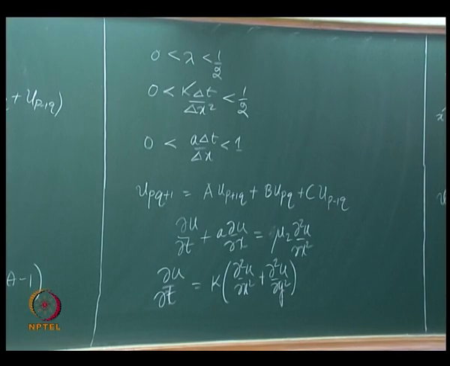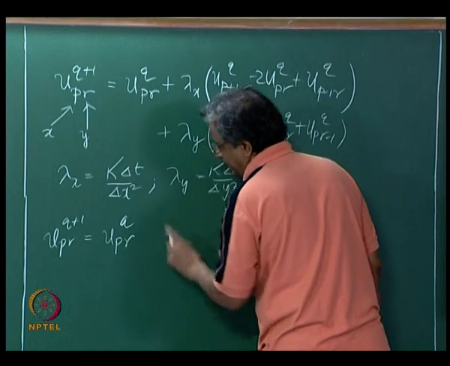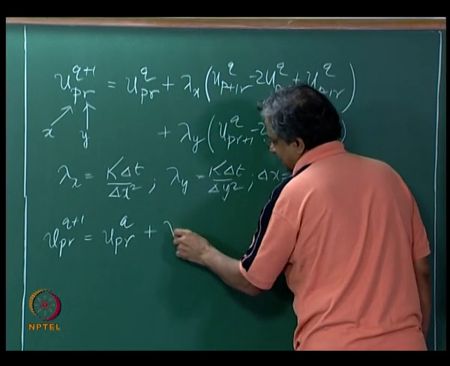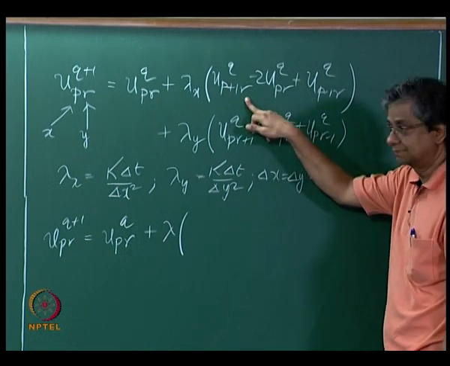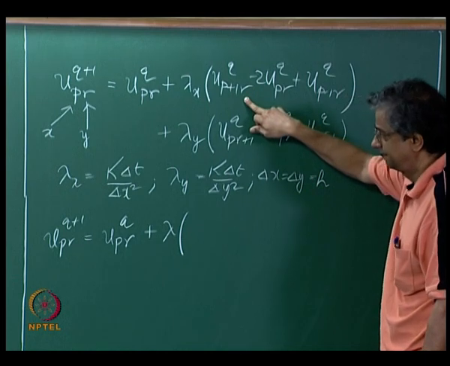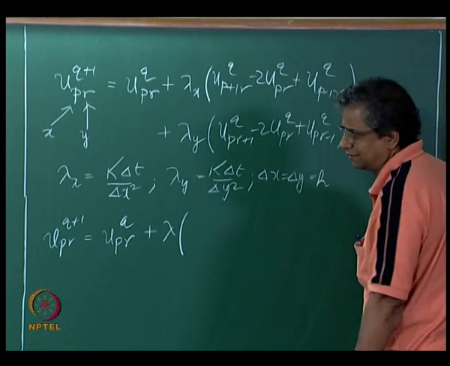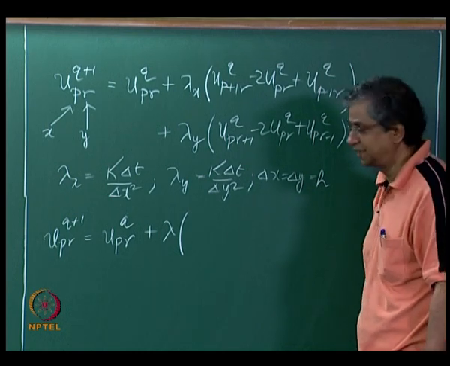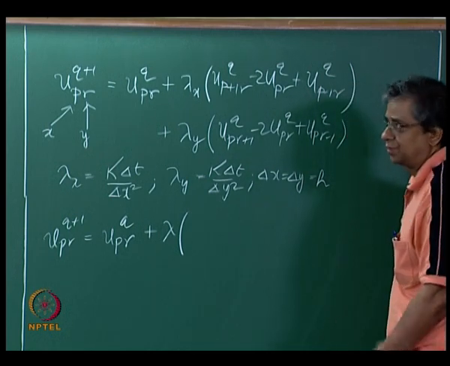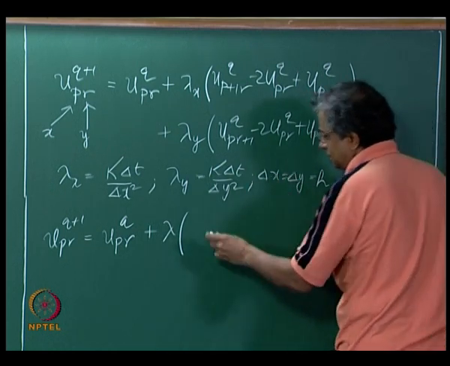So this is U_PR^q, maybe I do not skip a step, plus lambda times, what is this going to be? Remember delta x and delta y are the same. So you will have I n in h and I m in h. That is going to give you 2 sets of thetas. Maybe I will just write it out and then I will explain what I am doing.